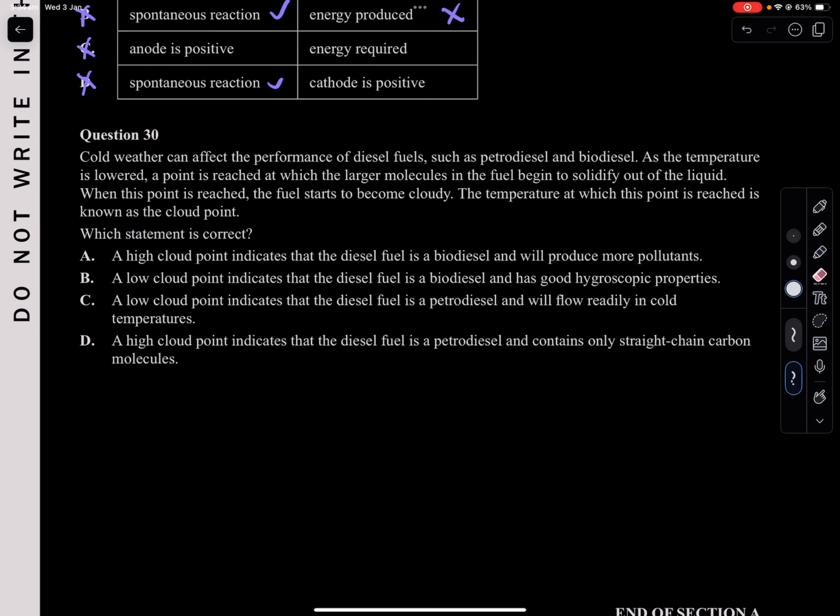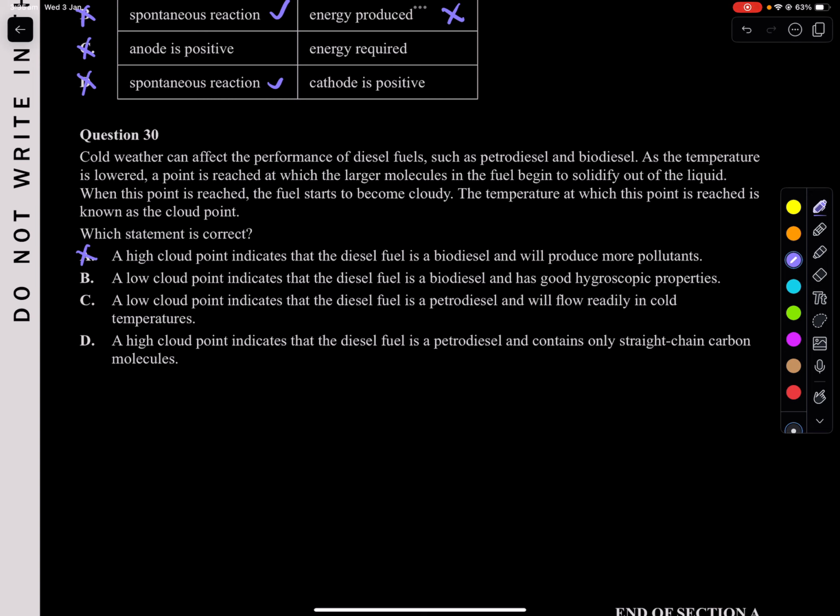So which statement is correct? A, high cloud point indicates that the diesel fuel is a biodiesel. True, that could be true, and will produce more pollutants. No, absolutely not. Petrodiesel produces more pollutants than biodiesel. B, a low cloud point indicates that the diesel fuel is a biodiesel.